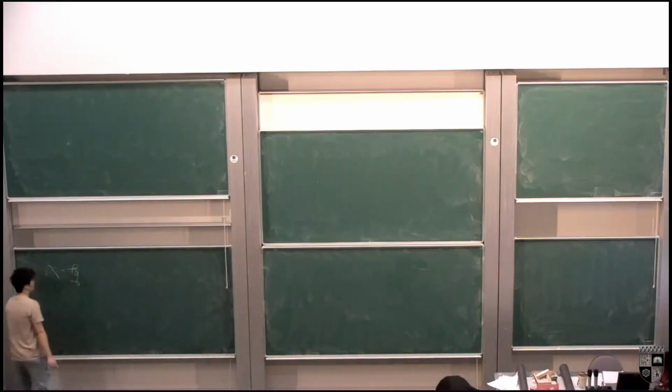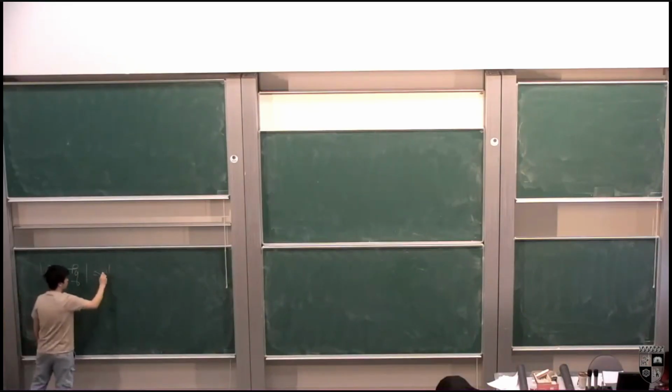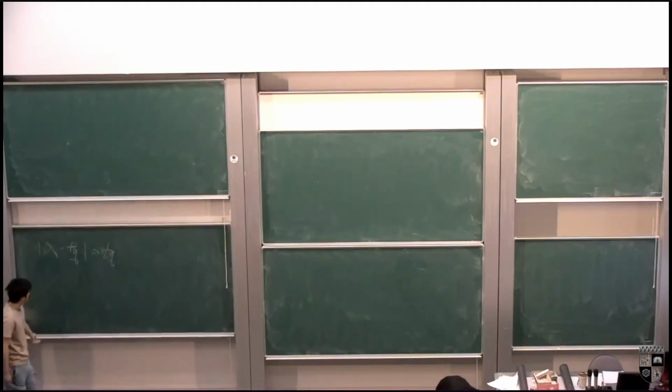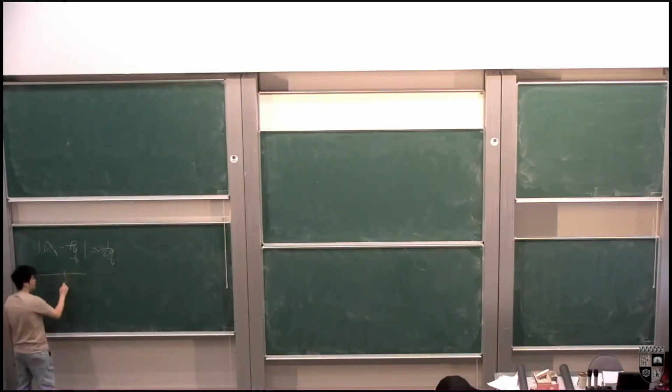I claim that for any alpha, I can get this close to alpha. Here's the proof: we put alpha on the number line. Then I mark every fraction with denominator q.